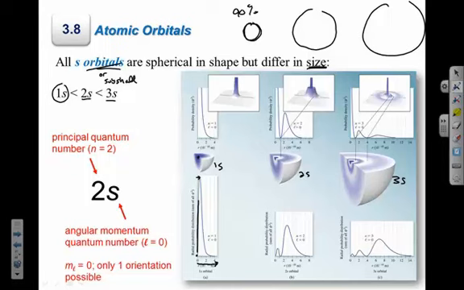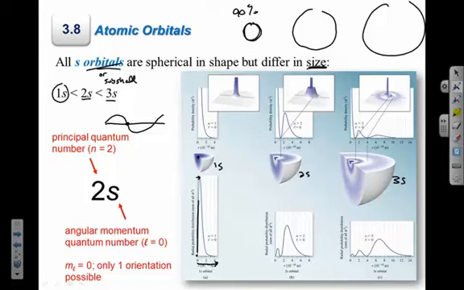If you have a wave, the node is where the amplitude of the wave is equal to 0, or the value for the wave is equal to 0 in the wave function. And since these shapes for our orbitals have been calculated from wave functions, if the value for the wave function is 0 in certain locations, then the probability of finding an electron in that location is 0.